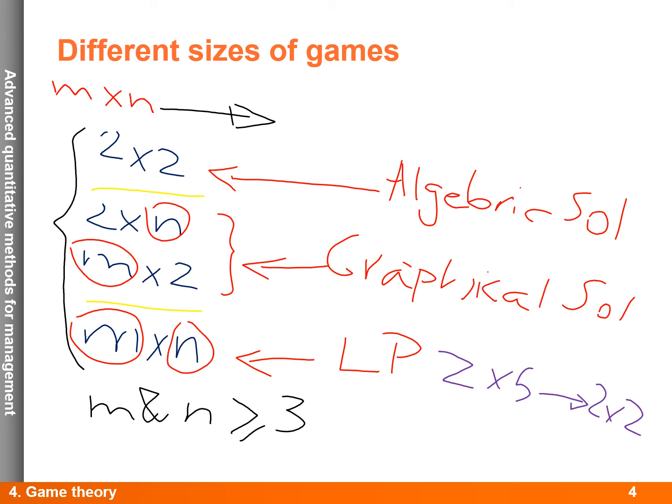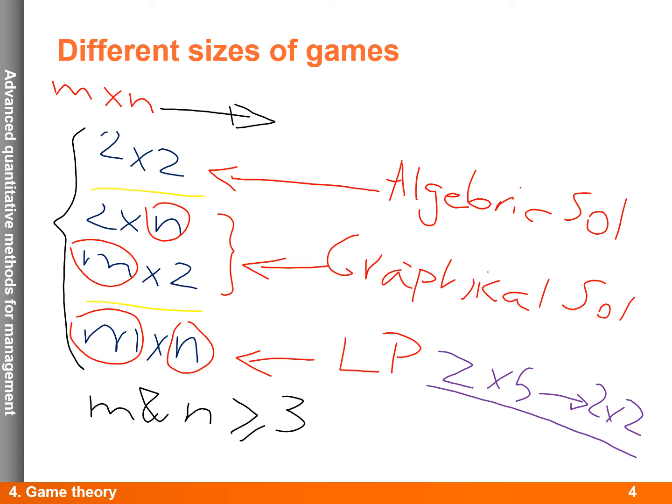What happens here by converting 2 multiplied by 5 to 2 multiplied by 2, I reduced the solutions, okay? And in the case of 2 multiplied by 2, instead of solving by graphical solution, I can apply algebraic solution.